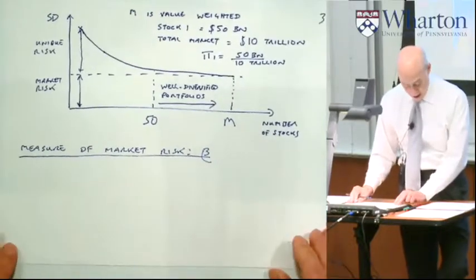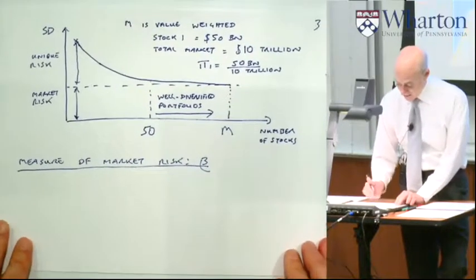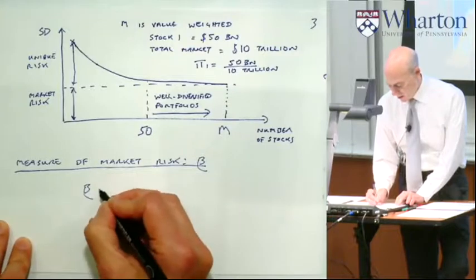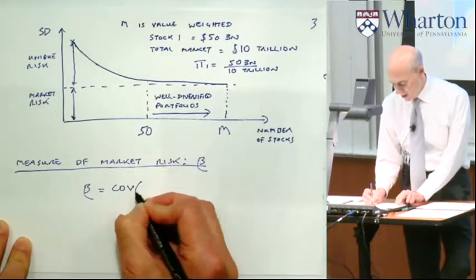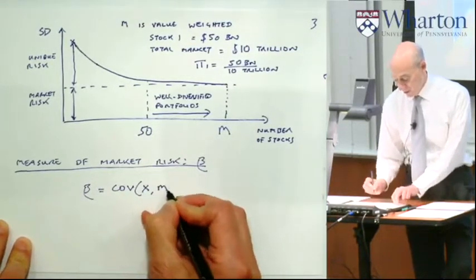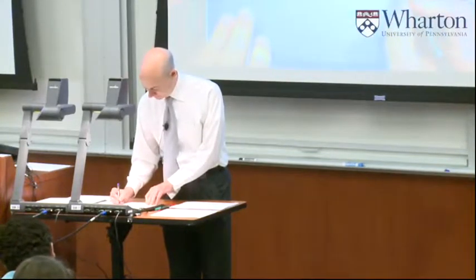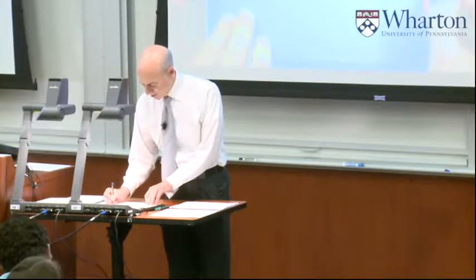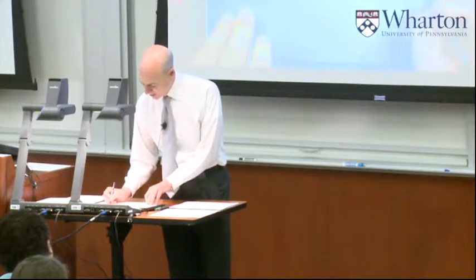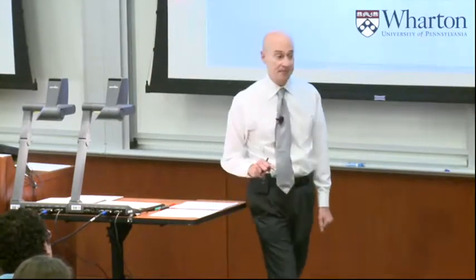And if you remember, the definition of beta is that it's the covariance of the stock with the market divided by the variance of the market. And we can also write that, of course, in the form the covariance of X with M divided by the standard deviation of the market squared.